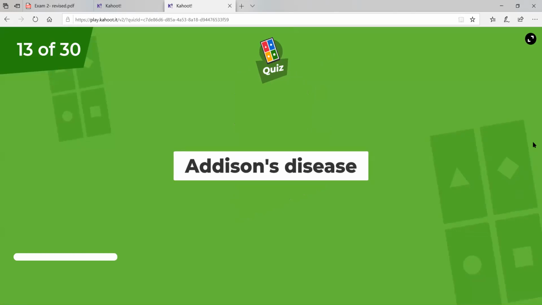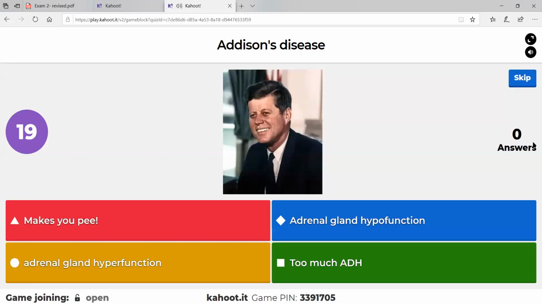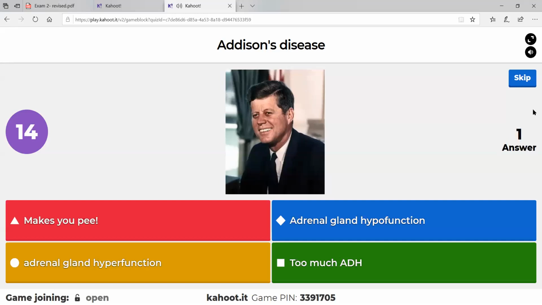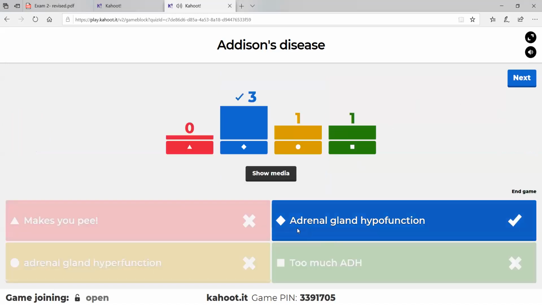Yeah. Okay, Addison's disease. It's the adrenal gland hypofunction, so it's not functioning like it should. So you have that low amount of those hormones.